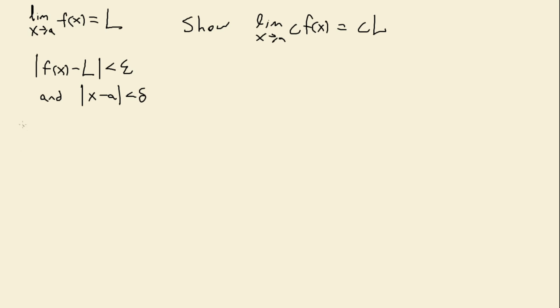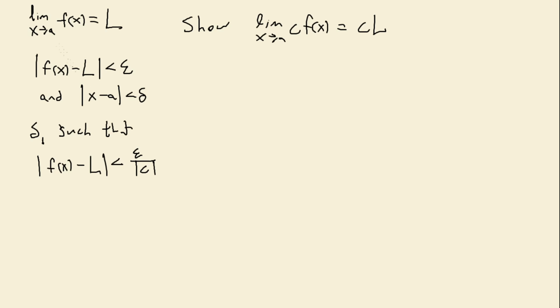So we can imagine that there must be, if this is true for any value of epsilon, there must be some delta, we can call it delta 1, such that the absolute value of f of x minus L is less than epsilon over the absolute value of c.